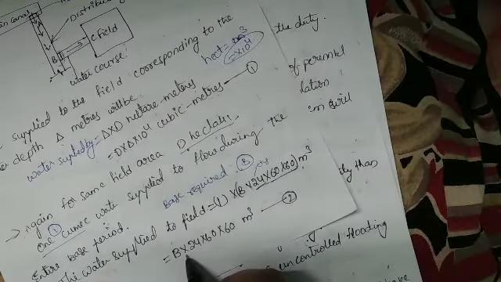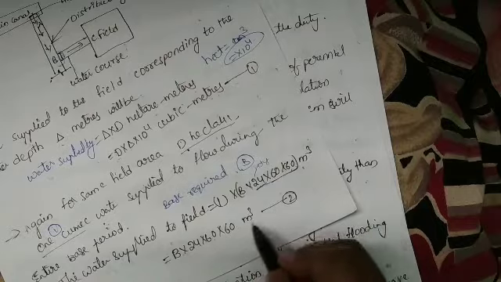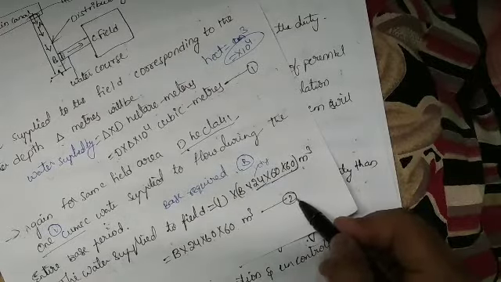So B into 24 into 60 into 60 cubic meters. This is the second equation.